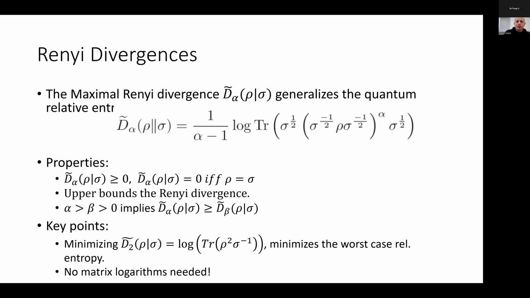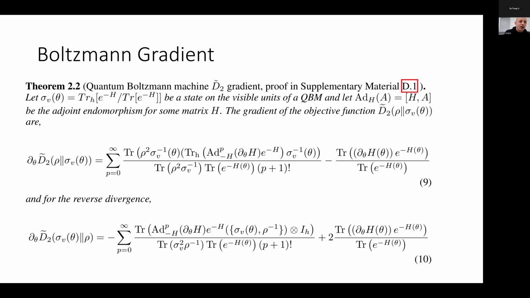And in turn, you can go through and compute very complicated expressions for gradients of this. The standard way of dealing with gradients of these Rayleigh divergences is to truncate this infinite sum at some particular order.